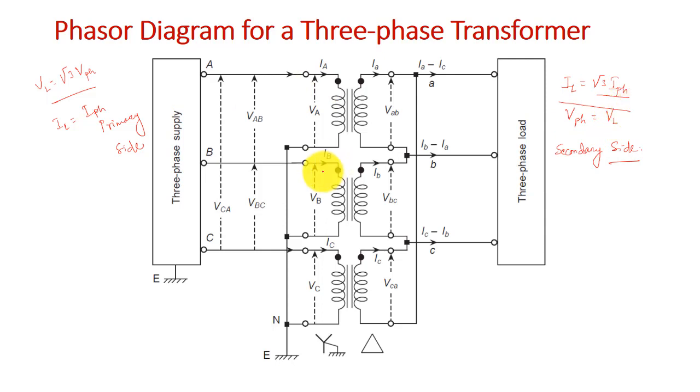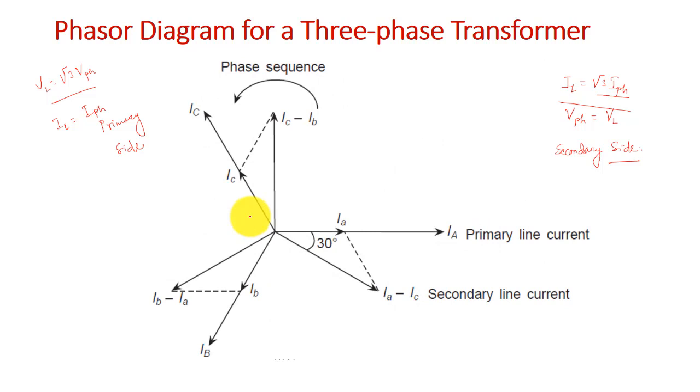Now we'll see the phasor diagram for this, because we are only concerned about the current, because current is our main concern in the protection scheme. Therefore we'll talk about only the phasor diagram of current. The phase sequence is this.